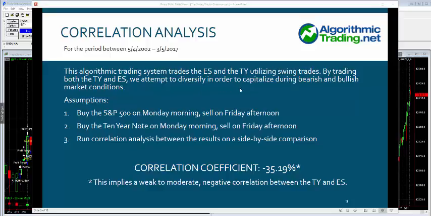So I do want to highlight that half of what's traded in the swing trader package is the 10-year note, and the 10-year note does have a negative correlation to the S&P.